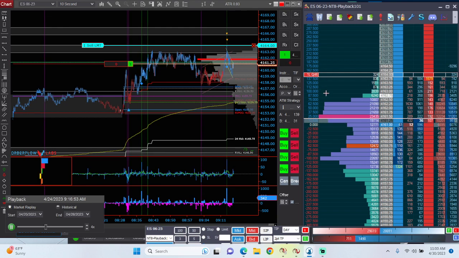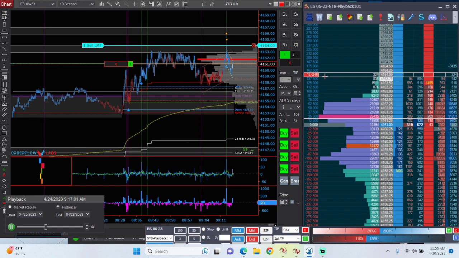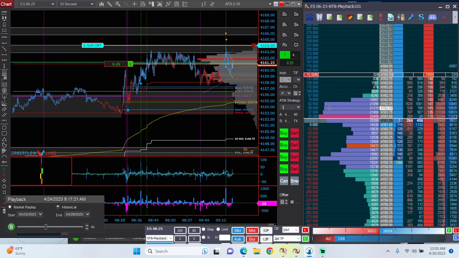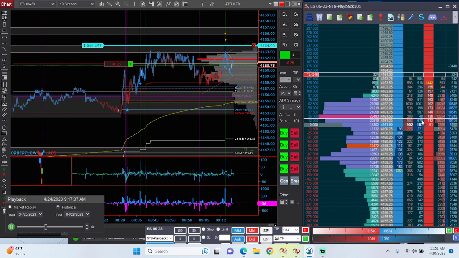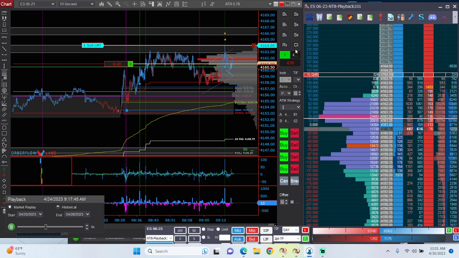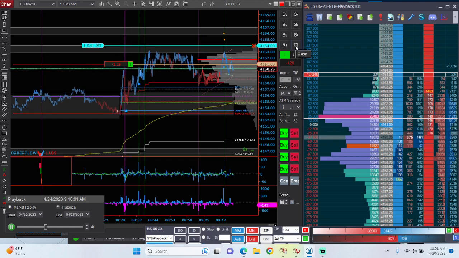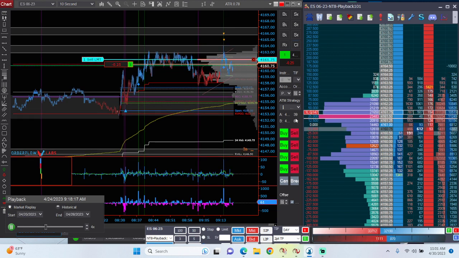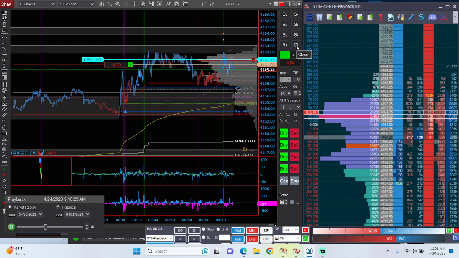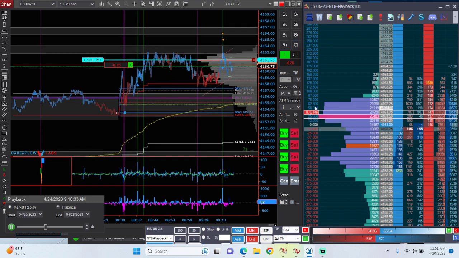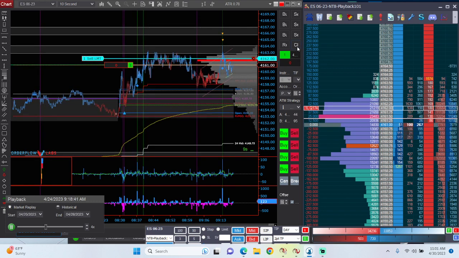Still, I do not like how that ledge broke. They dipped back in. Scratched it. Pulled back up to the point of control. This area. Now close it out.